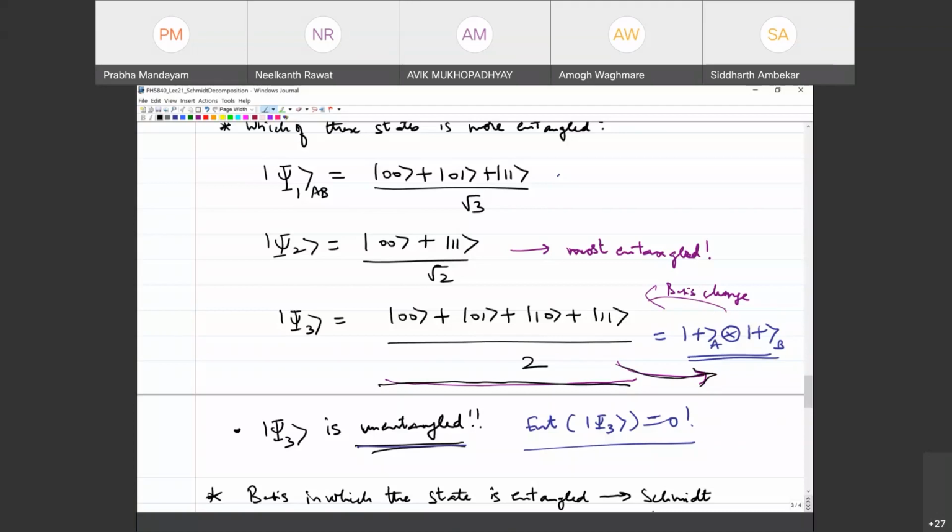There's no sum, there's just one non-zero term, right? And this then revealed to you that the state is unentangled. So this is what we formalize, and we'll formally prove this in the next class. Okay? Questions?